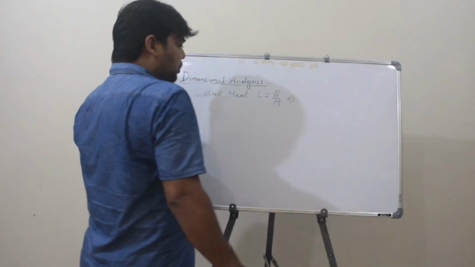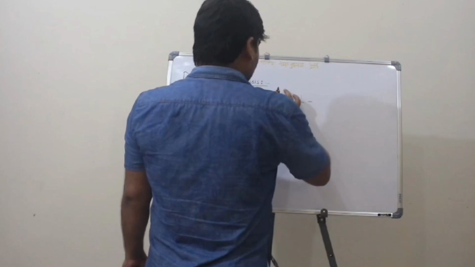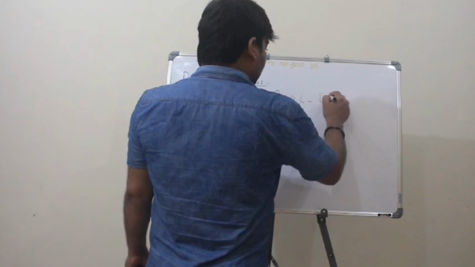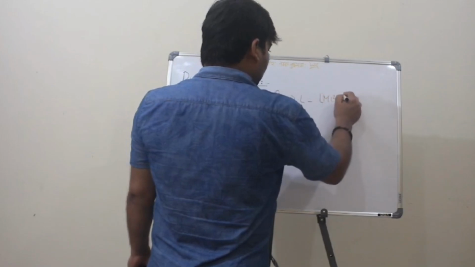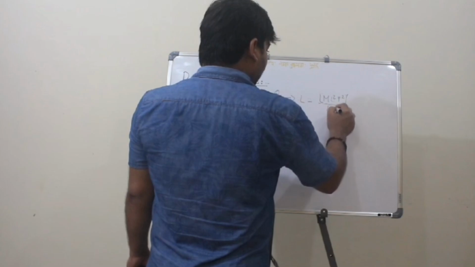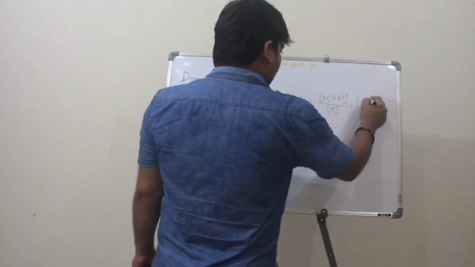So Q by M, it means L, where Q is M L square T to the power minus 2, divided by M. So giving you a dimensional formula as L square T to the power minus 2.